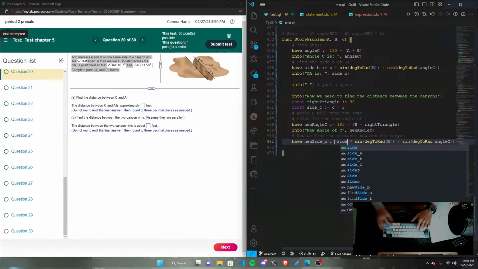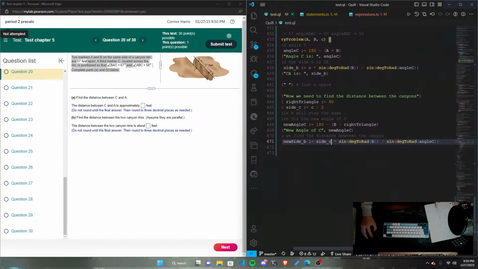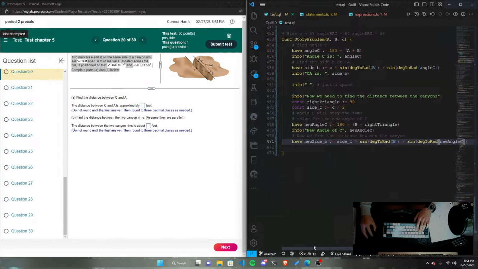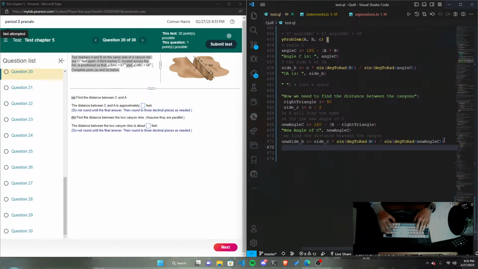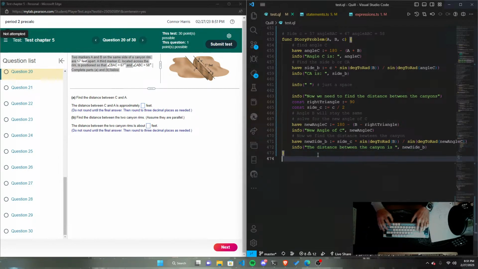So we need to say side C times our B, which is still 58 because our B stays the same, divided by the sine of our new angle of C. So this would be our new angle C. Cool, and then all we need to do now is console log info, say the distance between the canyon is, then we call it new side B.